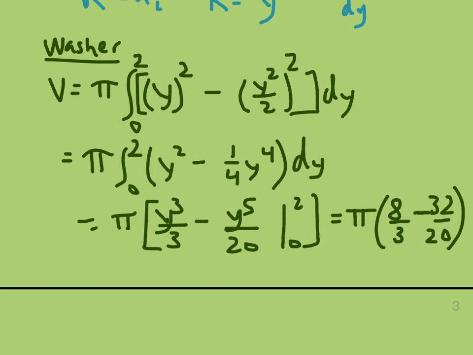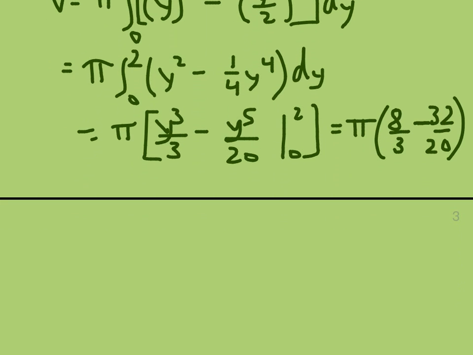We could reduce the 32 over 20 to be 16 over 10. So we have 8/3 minus 8 over 5.